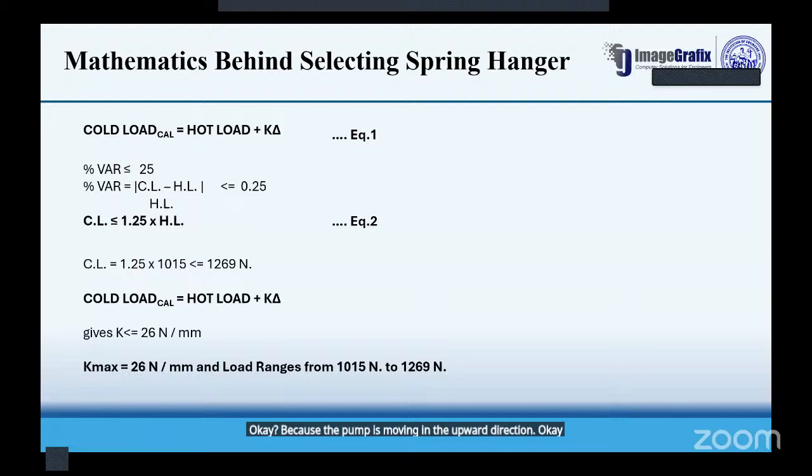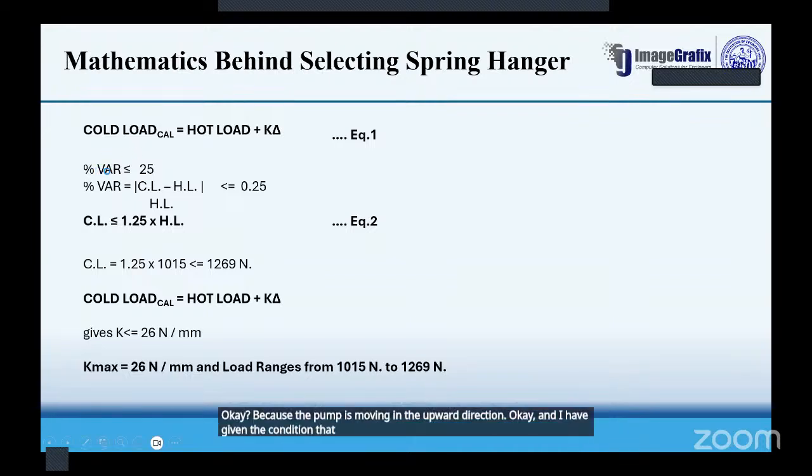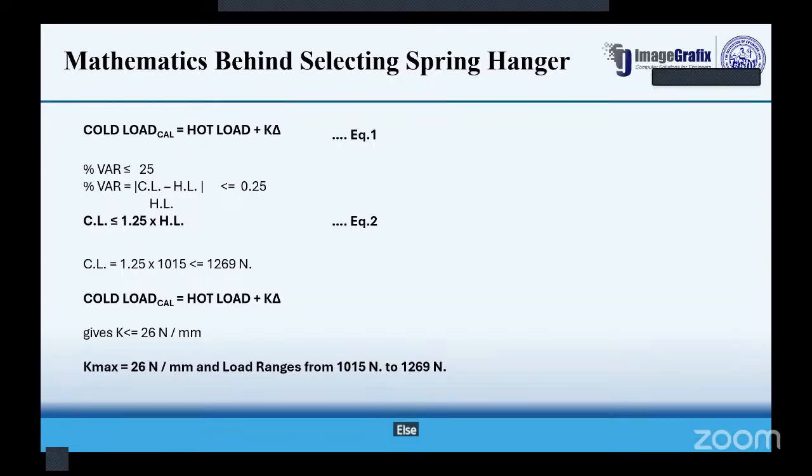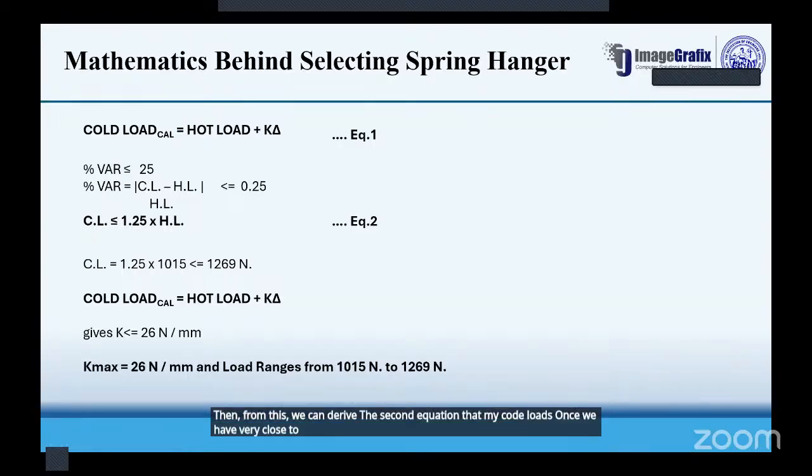And I have given the condition that my variability should be less than or equal to 25%. It should not be more than that, else it will go for a constant spring hanger. From this we can derive the second equation: my cold load must be less than or equal to 1.25 times my hot load.